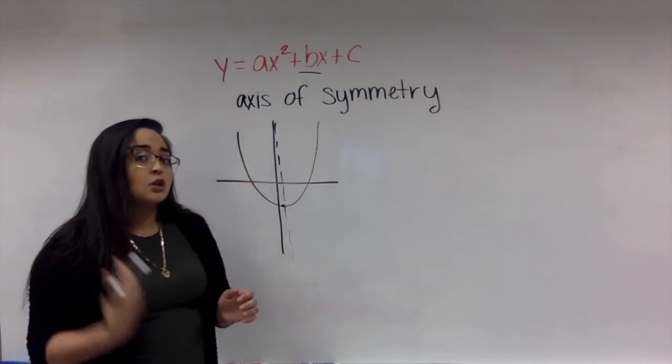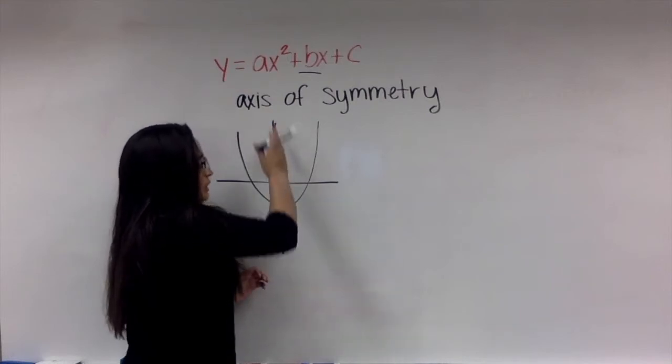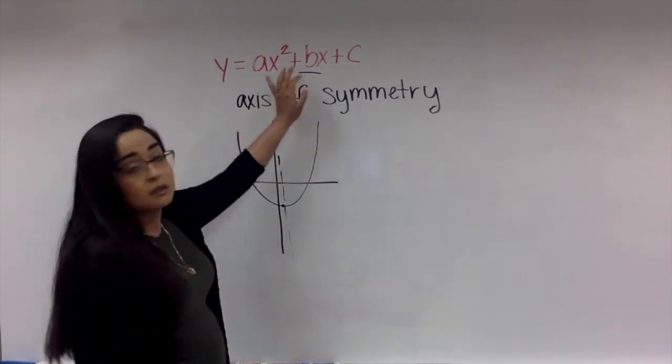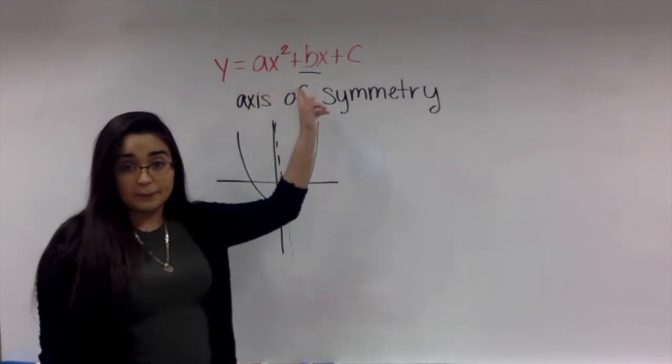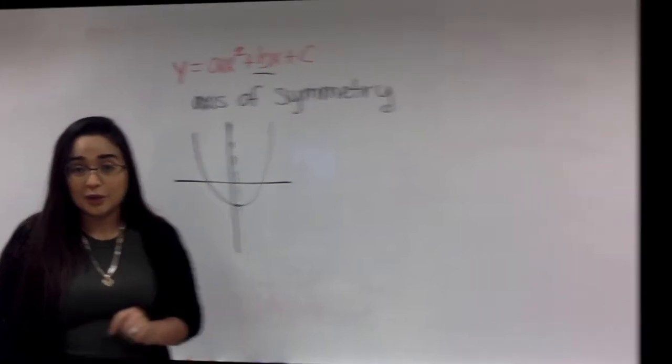So the axis of symmetry, this line right here, is affected by the value of b. That is important. Please include that in your notes.